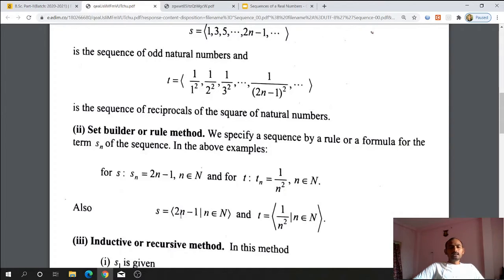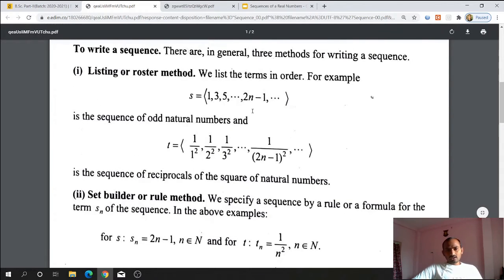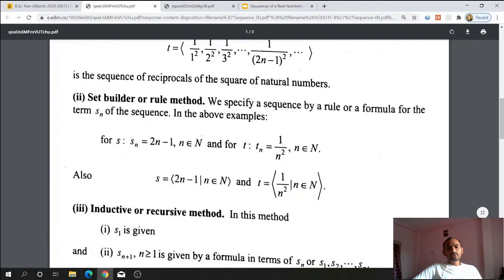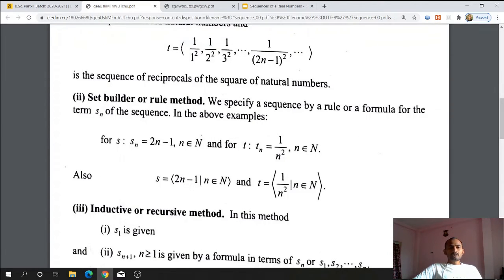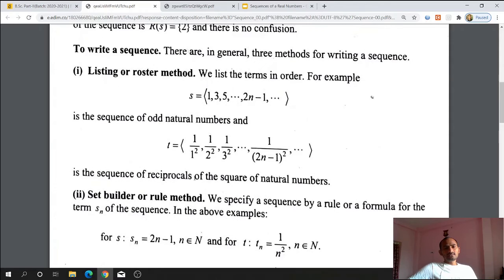We write this sequence of odd numbers in builder form, that is, we have a rule, 2n minus 1, and n from the set of natural numbers. So put the values of n here, and you will get a sequence of odd numbers.